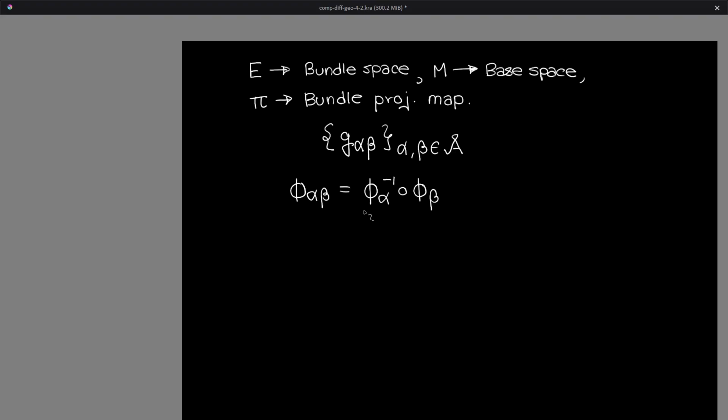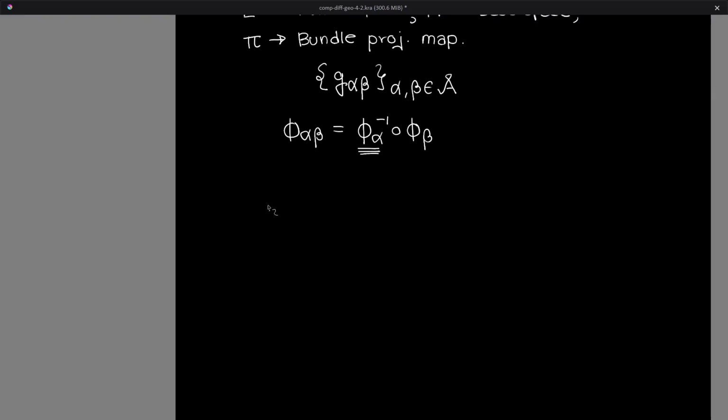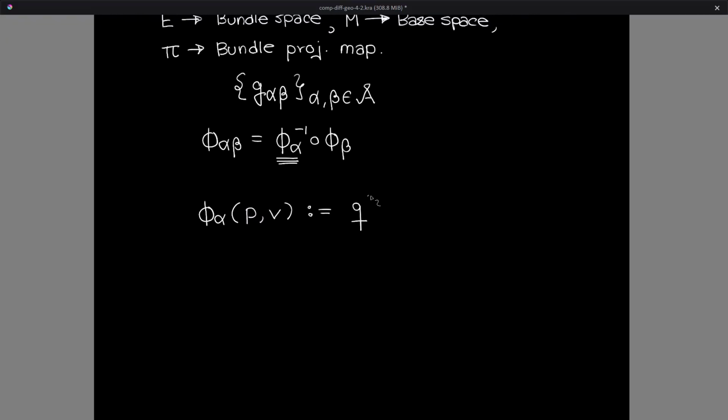Something like that. So we're going to construct these maps here. Let's define a map phi alpha, which takes two points P and V, and is defined using that deduplication function we defined earlier, Q of P, V, alpha. That's going to be it.